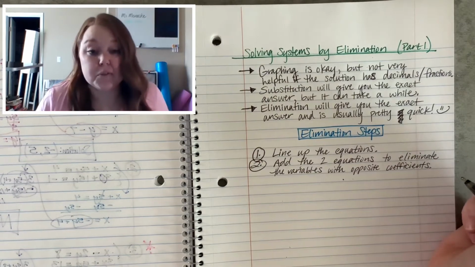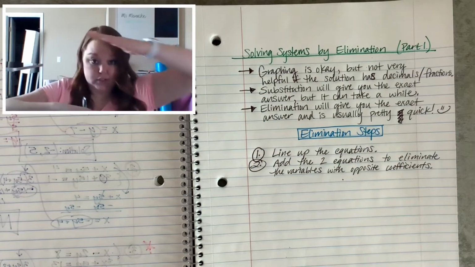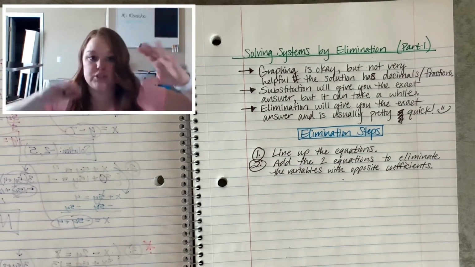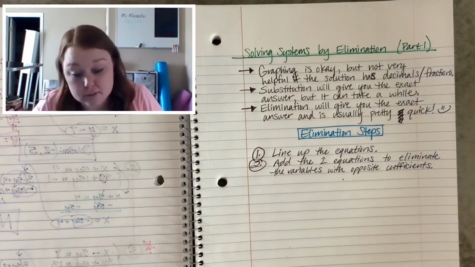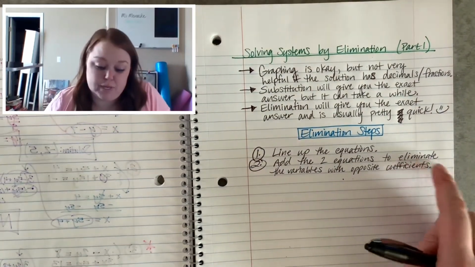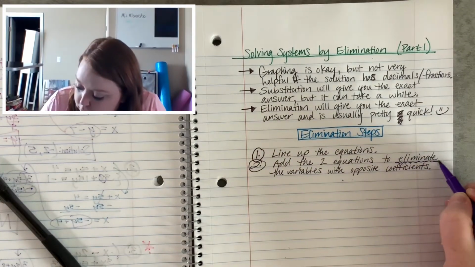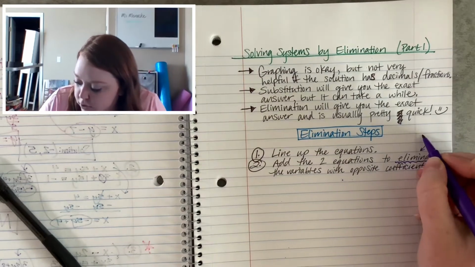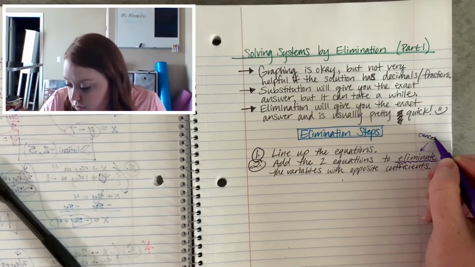That's a lot of words, a lot of vocab right there. Add the two equations. So literally you've got your top equation and your bottom equation, and you're going to add them up. It seems like magic, but it's math. You're going to add them up in order to eliminate. So here's what I want you to do. I want you to do a squiggly under eliminate and tell yourself that really what eliminate means is cancel out.